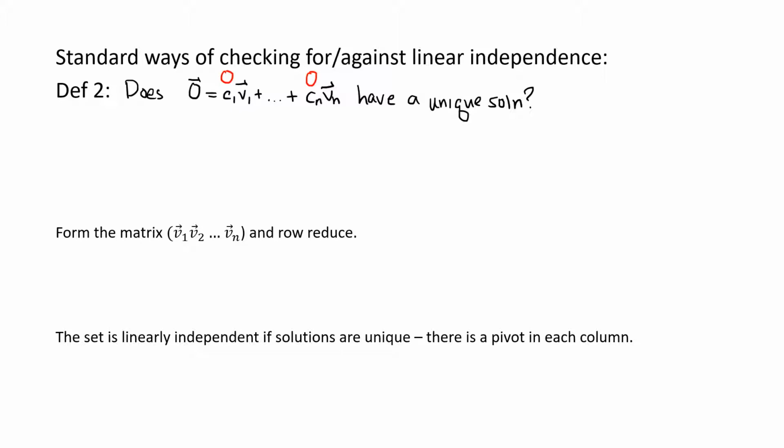Notice, though, that we can rephrase this problem in terms of a matrix vector product. So on the right-hand side, we can write this as a matrix, V1 through Vn, where we know all of these columns, times an unknown vector, C1 through Cn.